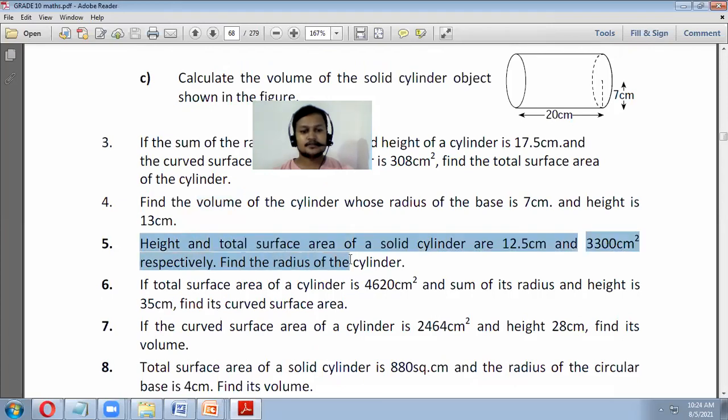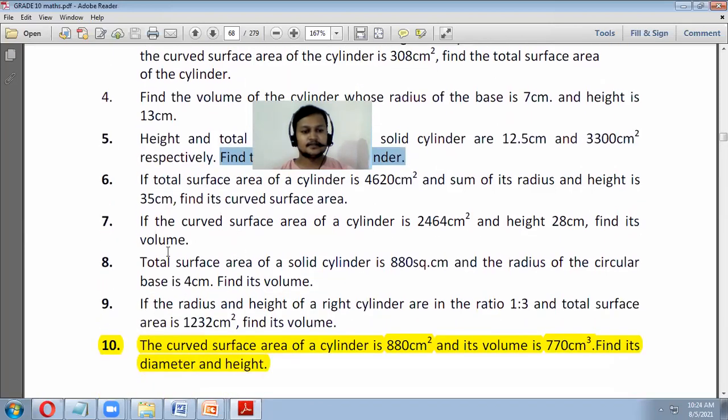Question number 5. Height and total surface area of solid cylinder are given here. Height is given. Similarly, total surface area is also given. So by using formula of total surface area, we can find out the radius of cylinder easily. 6 number we did today. Question number 7. If the curved surface area of cylinder is 2464 and height is 28, find its volume.